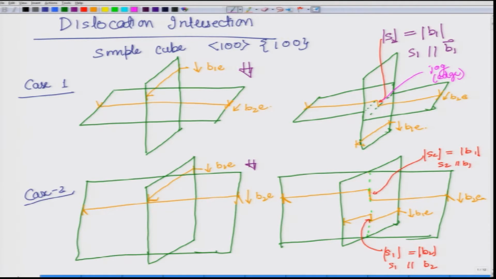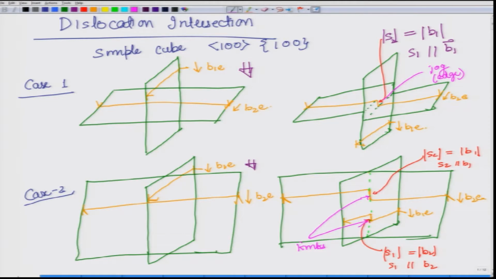So, here what we see, the step is formed and it is in this plane, the plane on which it was moving. Here also a step is formed, and this step also allowed the dislocation to remain in the same slip plane. Therefore, the two of these must be kinks. Moreover, what is the Burgers vector?